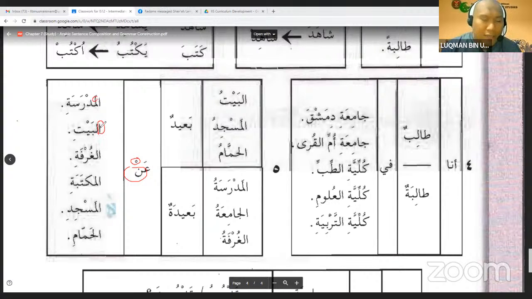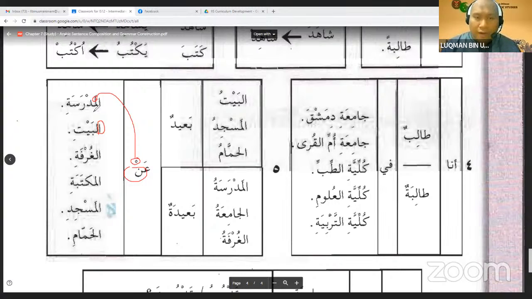So this can be disregarded when there's a preceding word or letter. So ibig sabihin, itong nun, ang mamimit niya na diretso is lam, which is also sukun in this case. Because mim, al-madrasa, mim is a moon letter.